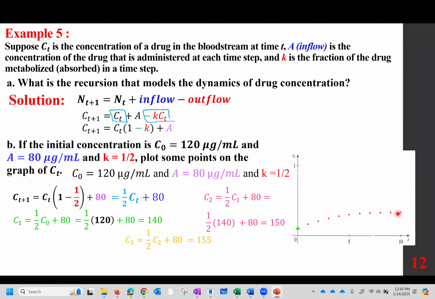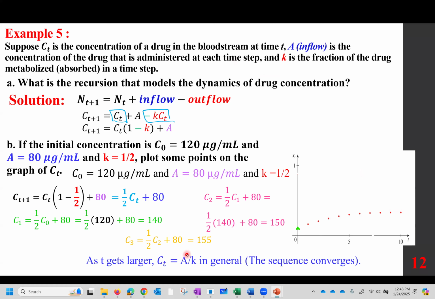A couple of things I want to add, and later on, when we do the limits, it makes more sense. One of them is that as t gets larger, c sub t becomes A over K. The idea is that as we give more and more medications to the patient, it can't go beyond a certain amount, and that's where the time step helps to regulate that amount.